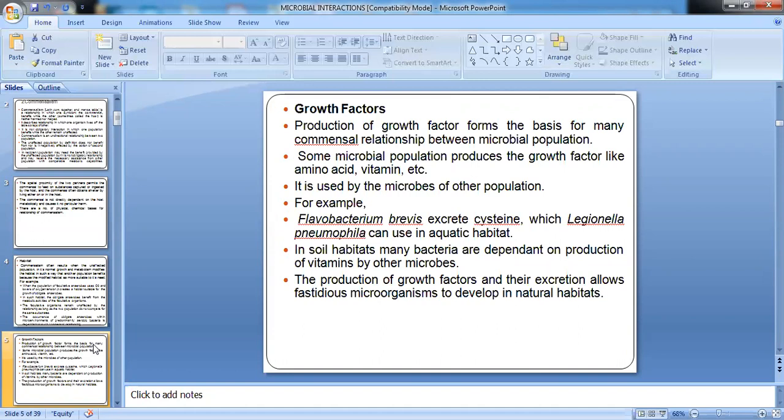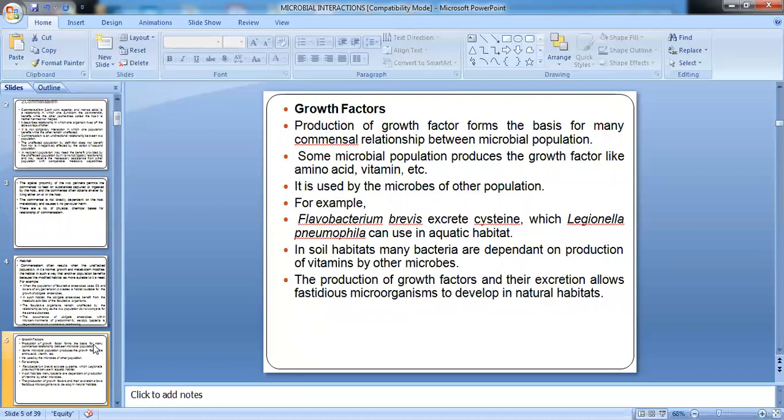So Legionella is a commensal which will be using up the cysteine. In soil habitats too, we find many bacteria which are dependent on the production of vitamins by other microbes. The production of growth factors and their excretion allows fastidious microorganisms to develop in the natural habitats.